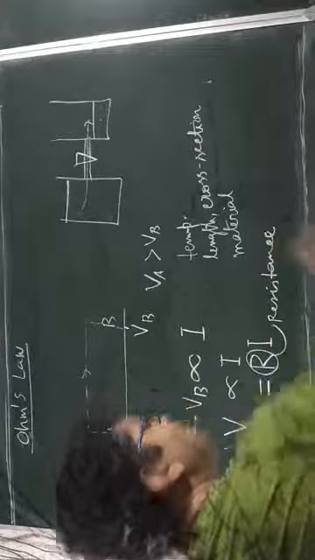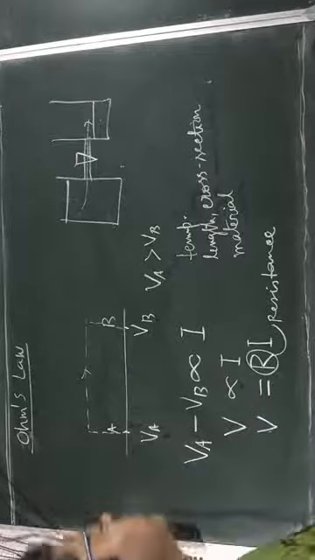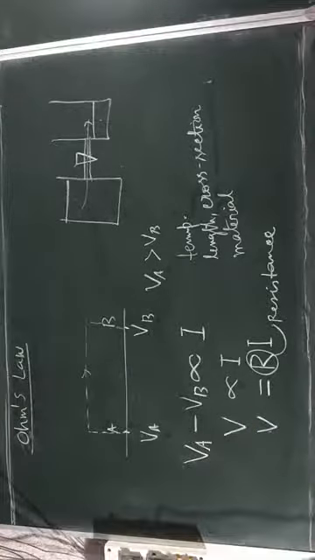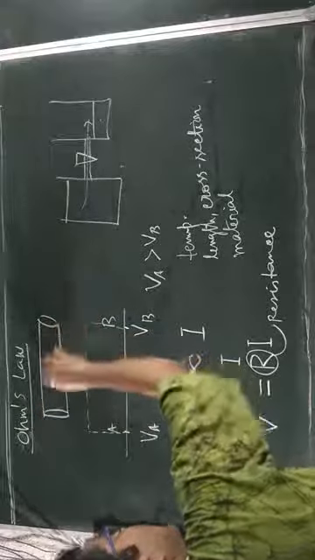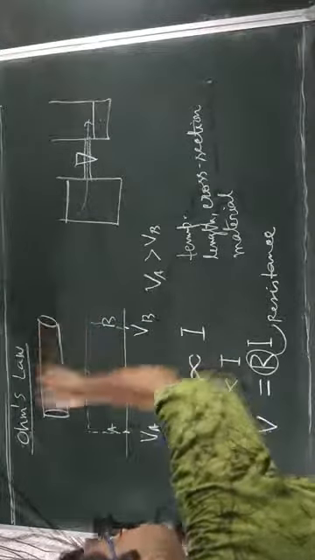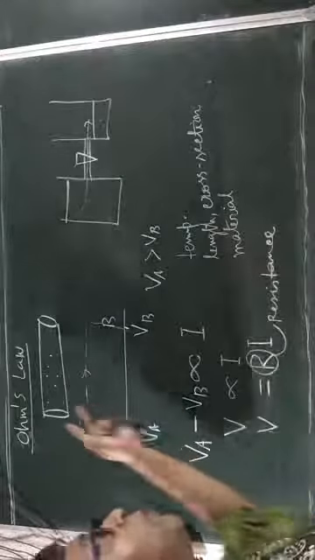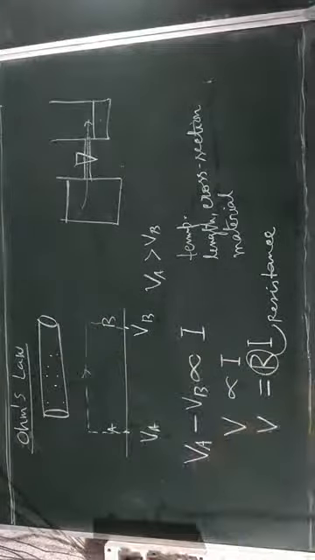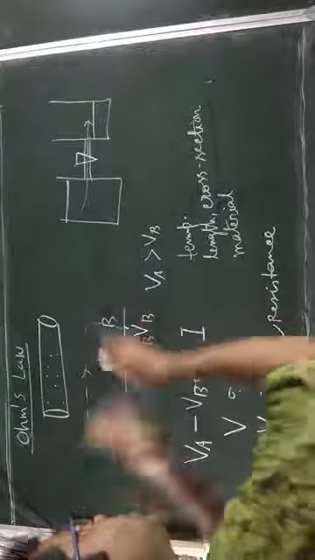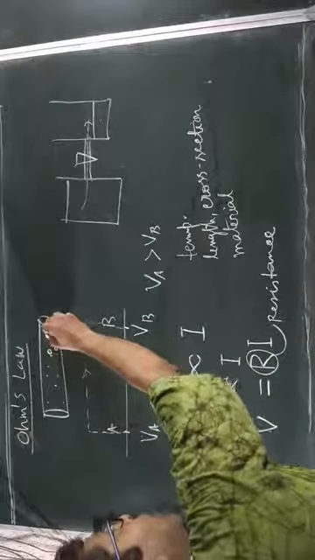What is resistance? Previously we have learned that in a conductor there are large number of free electrons, and those free electrons are responsible for the flow of current. But when those free electrons start traveling, they are obstructed by the constituting atoms of the conductor.